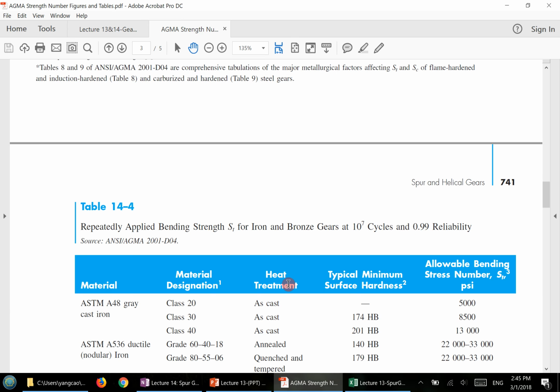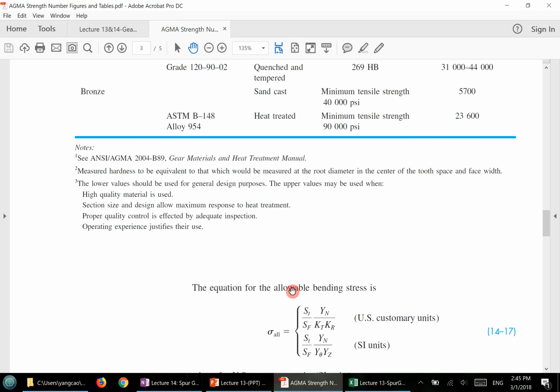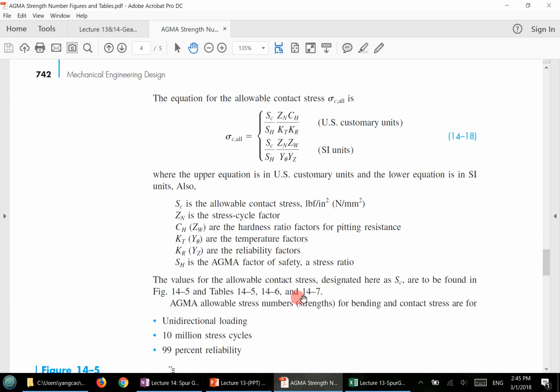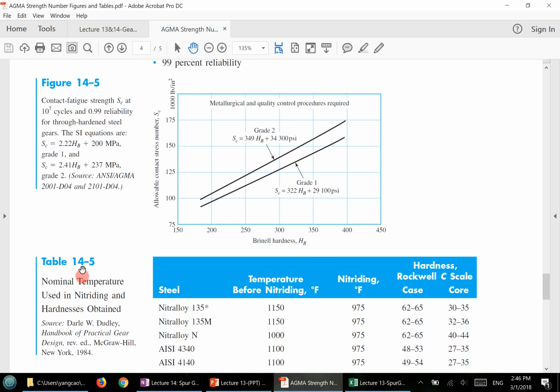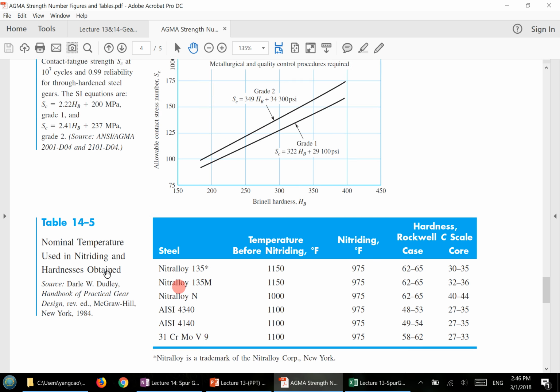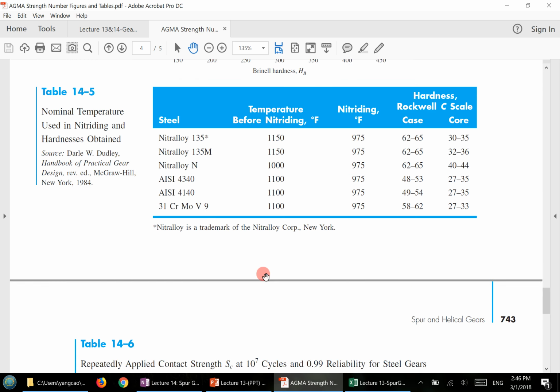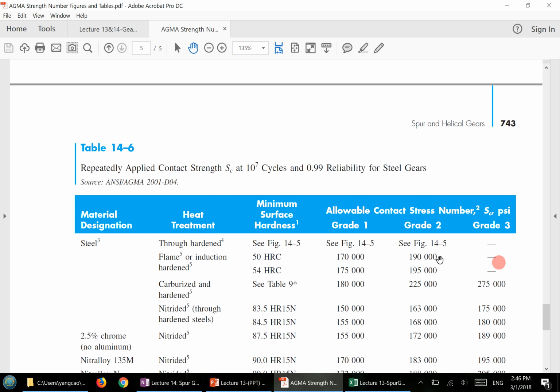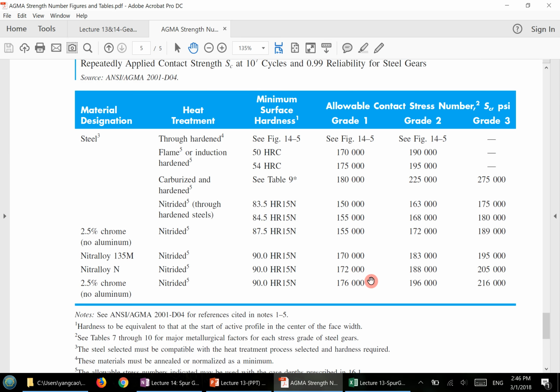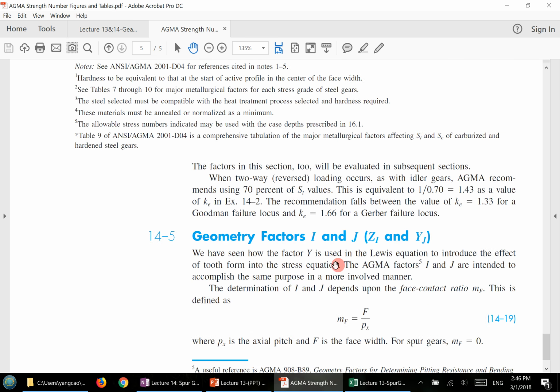If you keep looking down for SC, we do have it here. Figure 14-5 is for SC now, the contact fatigue strength SC, with similar usage. Table 14-5 is also for SC, and 14-6 is also for SC. And there might be another one.